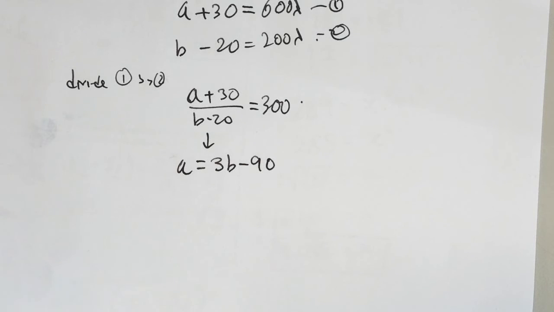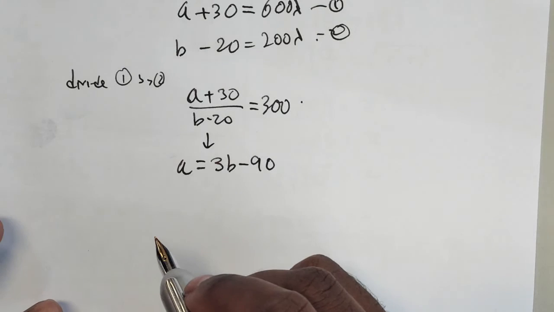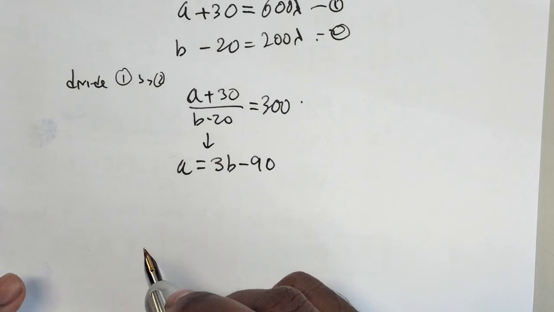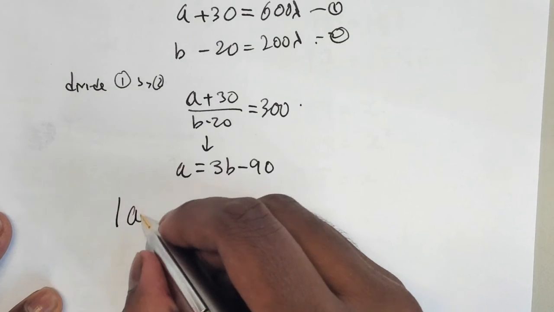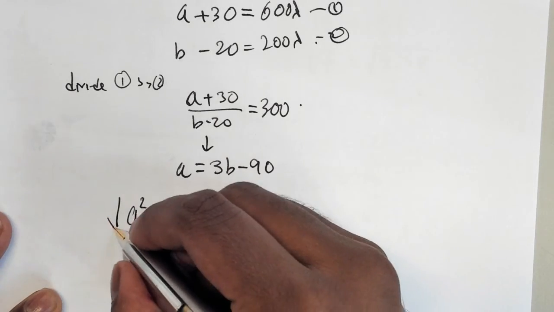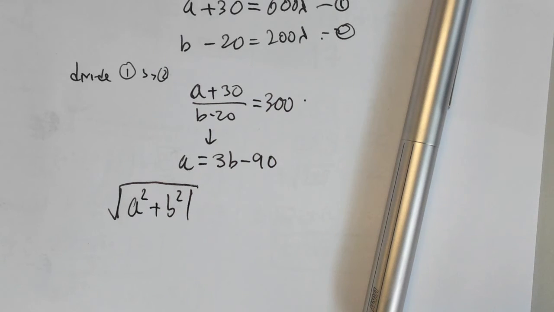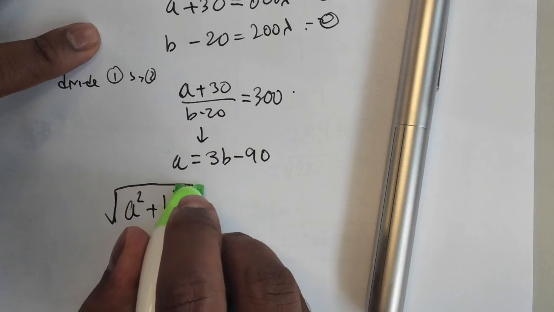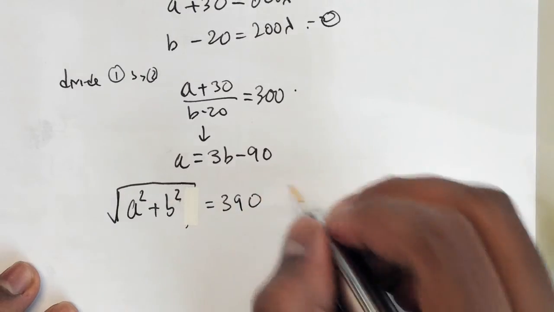Now there's another thing that we know. If you look at the very, very top, it says the aircraft has a speed of 390 kilometers per hour. In other words, the magnitude is 390.